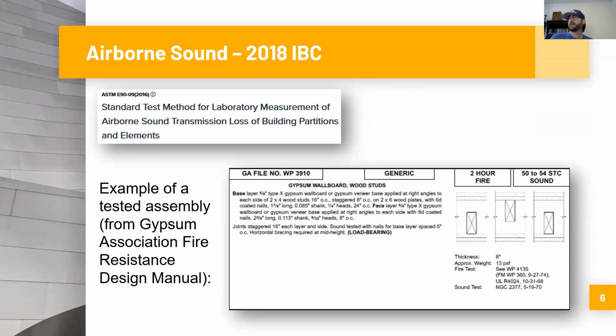So this assembly was constructed and tested to result in a range of 50 to 54 STC. So if your goal is to hit that code minimum, then an assembly like this would do the trick, because it does hit that minimum 50 from a spec'd assembly.